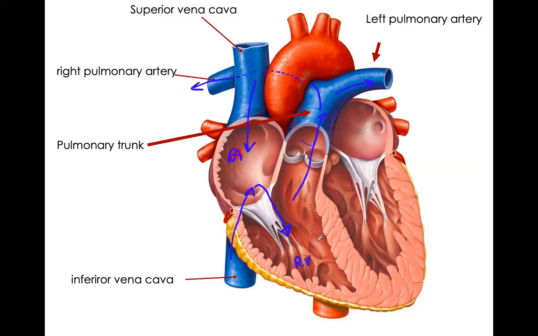Why am I sending this deoxygenated blood to my lungs? Because that is the location where my blood is going to drop off its carbon dioxide and pick up its oxygen. So that's where my transformation, or gas exchange, happens, where my blood goes from deoxygenated to oxygenated.